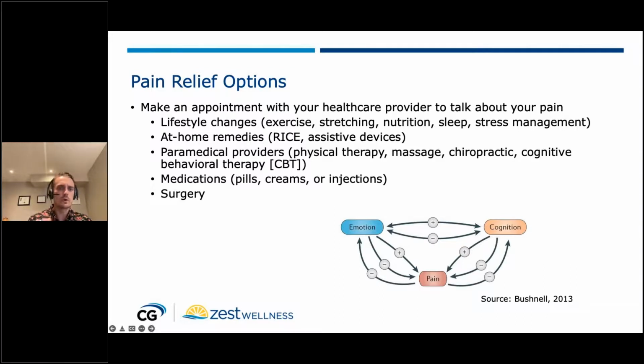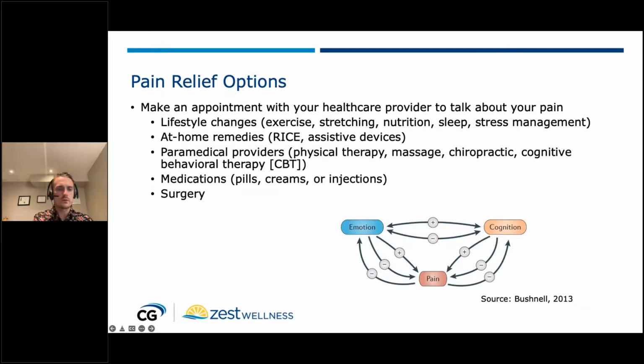But in addition, for more pain relief options, we have RICE, which stands for rest, ice, compression, and elevation, in case you have any sort of flare-up with your pain, or assistive devices like braces for your pain.